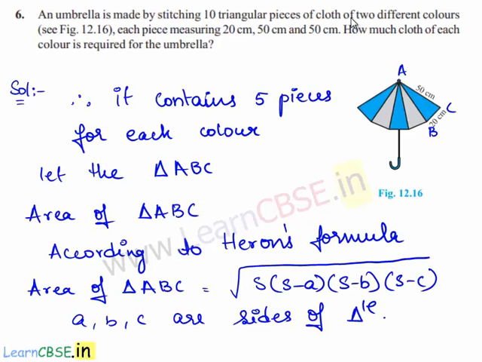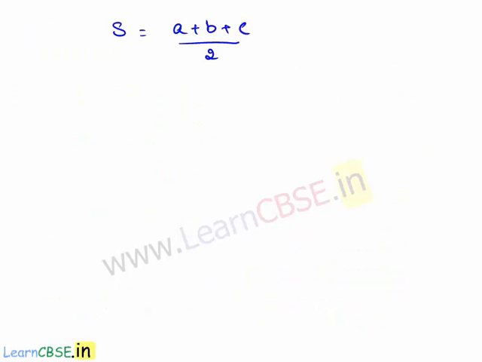So as given in the question, the sides of the triangle are 20 centimeters, 50 centimeters and 50 centimeters. Therefore, let a is equal to 20 centimeters, b is equal to 50 centimeters, c is equal to 50 centimeters.